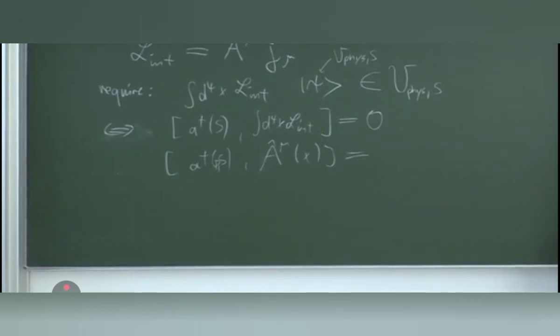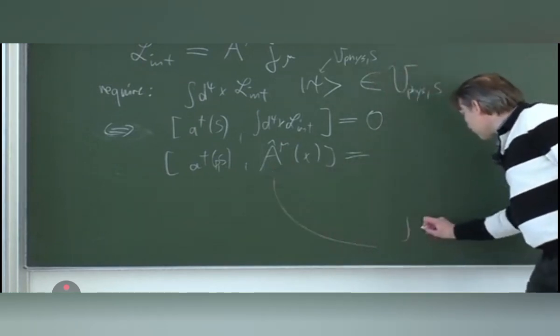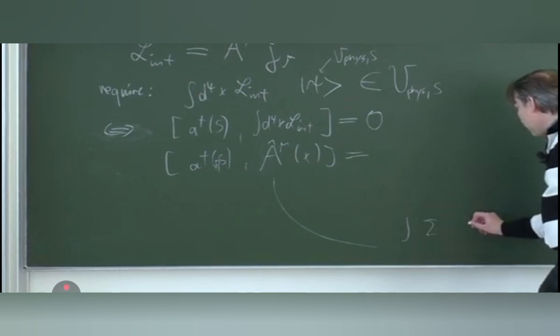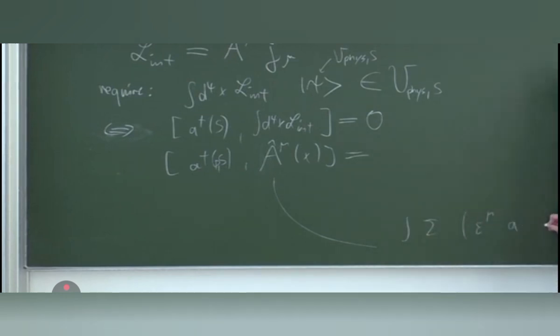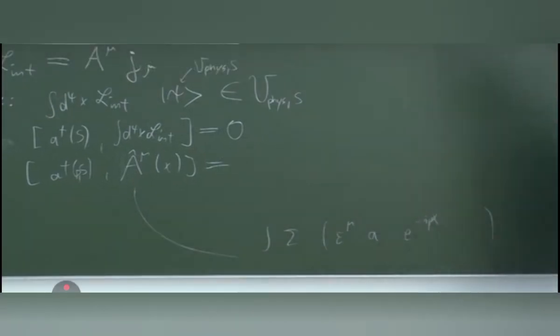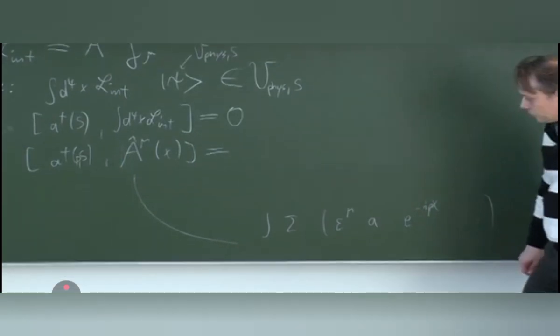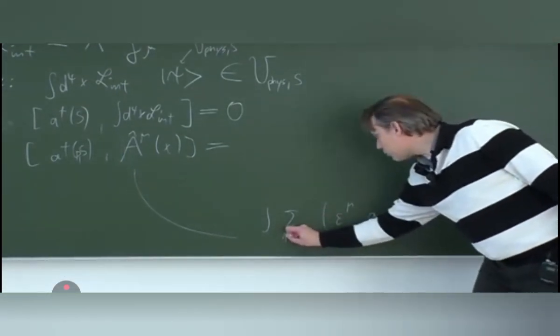I think we did have similar commutators already on Tuesday. And so now you must imagine that this is of course this typical integral and the sum. And here you have epsilons, you have a's, you have e^{-ipx}, and the complex conjugate of that. And then which of the commutators are non-zero in our basis 1 to L, S.